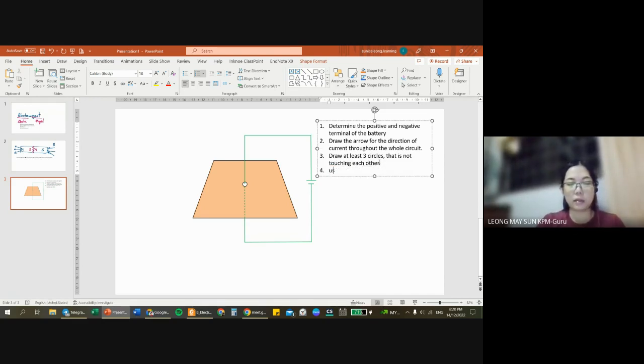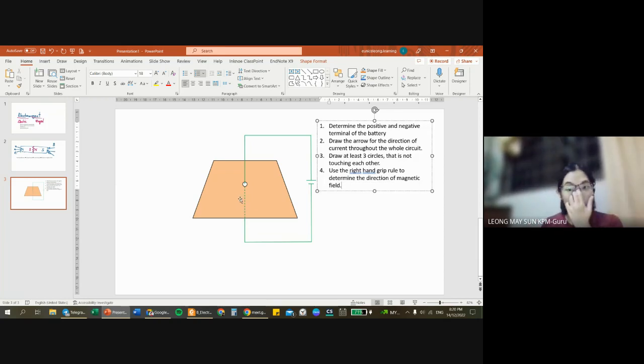Then after that, use the right hand grip rule to determine the direction of magnetic field. Okay, so I'm going to start right now.